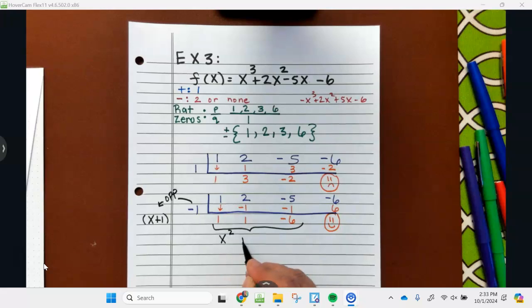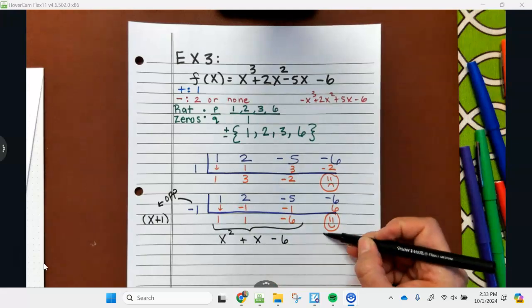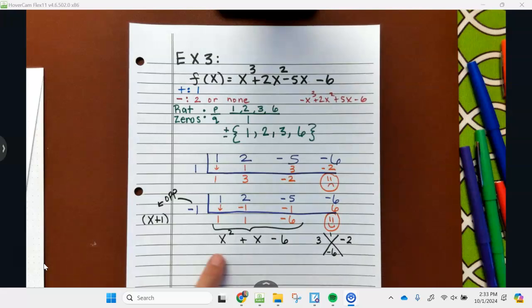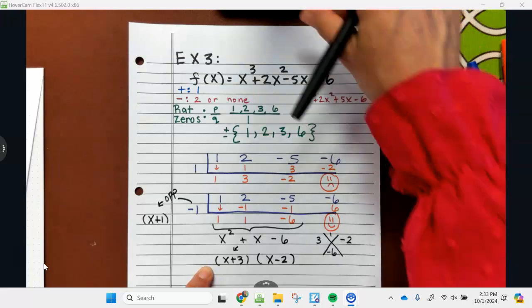X squared plus x minus 6 looks oh so familiar. Numbers that multiply down to a negative 6 but add up to a positive 1 is going to be a positive 3 and a negative 2. So this factors to x plus 3 and x minus 2.